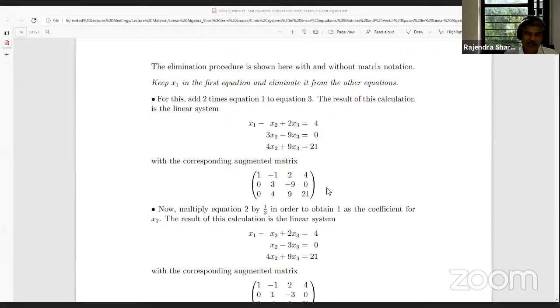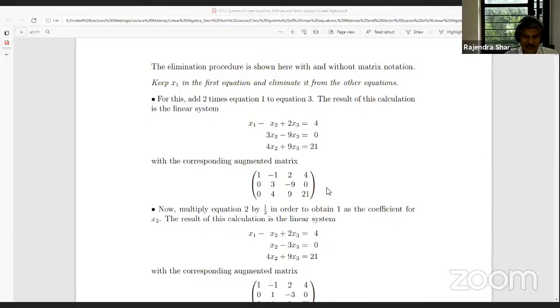Every time, we shall be throwing away everything, retaining just the coefficients and getting the corresponding matrix. The corresponding augmented matrix of this new system is 1, minus 1, 2, 4, 0, 3, minus 9, 0, 0, 4, 9, 21.